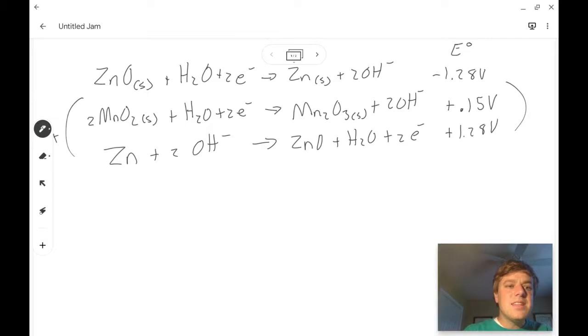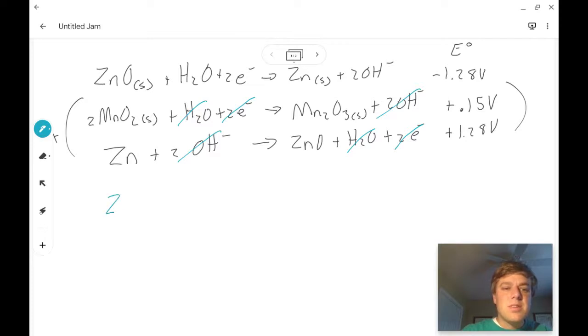And if we add these reactions together, then our electrons on either side will cancel out. The water on either side will cancel out. And the 2 hydroxides on either side will cancel out.